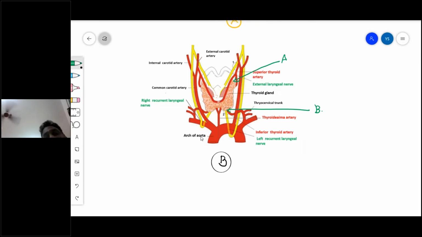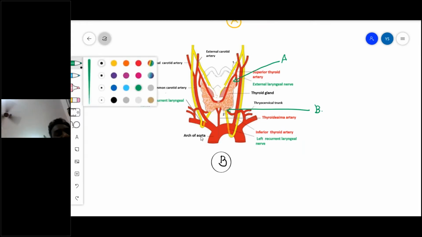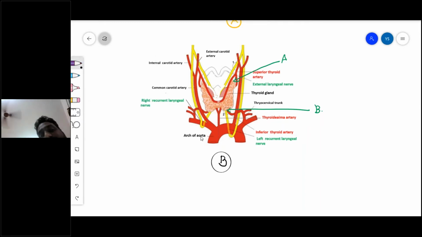First we see the direction of apex: upwards and laterally. Apex is related to two structures here, one artery and one nerve, with blue color circles I'm showing you.